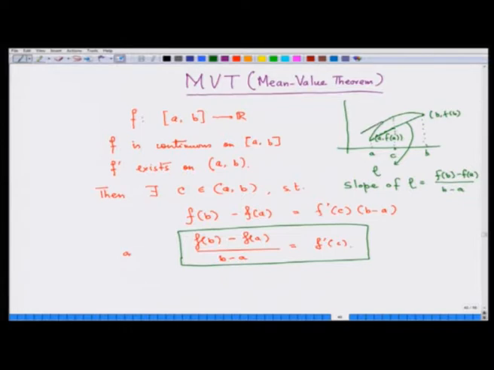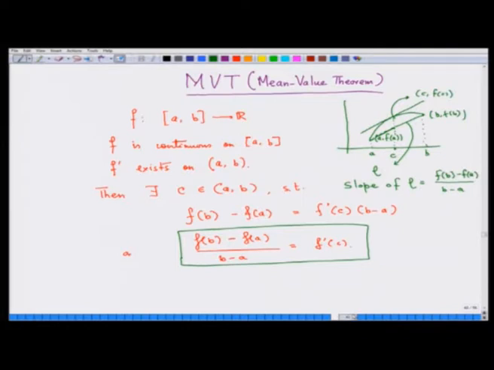So if I draw the tangent at that point, the tangent to the curve at the point (c, f(c)), because this point is (c, f(c)), tangent to the graph of the function at the point (c, f(c)), that must be parallel to the line segment joining (b, f(b)) and (a, f(a)), and then that means that they have the same slope. But the slope of the tangent line at the point (c, f(c)) is nothing but f'(c), and that is exactly what it is written. So the geometry gives you the answer.